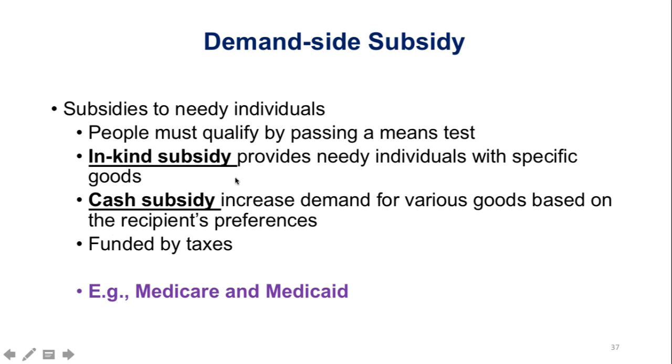The in-kind subsidy provides needy individuals with specific goods or services, but the cash subsidy increases demand for various types of goods based on people's preferences, so they can spend it on whatever they really want.